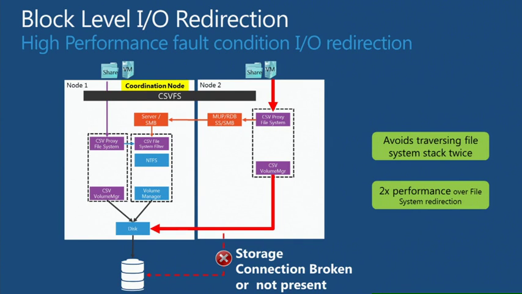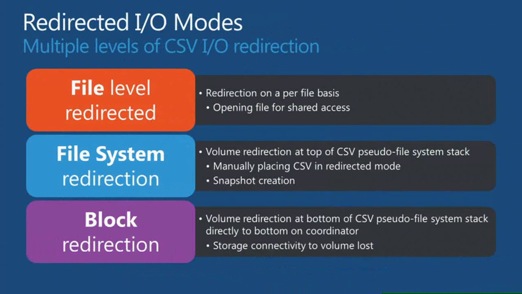In 2008 R2, what we were using is the file system redirection mode, and this is block level redirection. And we have a third mode of redirection called file level redirection. In 2008 R2, we never ran into a scenario where 2 nodes would want to have shared access to a file, because, hey, we are supporting Hyper-V, and you'd have one node wanting access to a VHD at a moment.